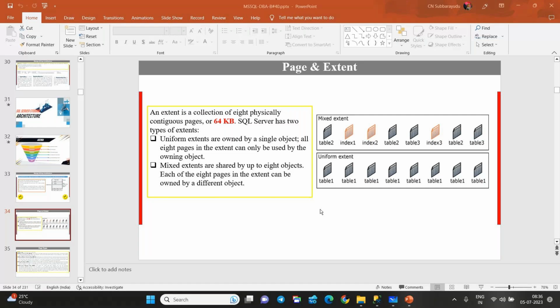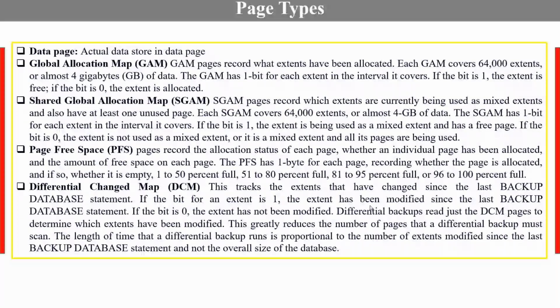Coming to pages, we have different types of pages in SQL Server. Almost 10 types of pages are available. One is the database page, which we already discussed, which stores actual data. One is the GAM page, global allocation map.